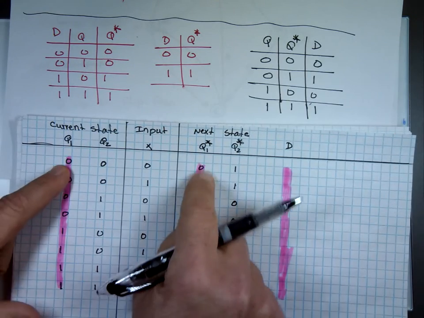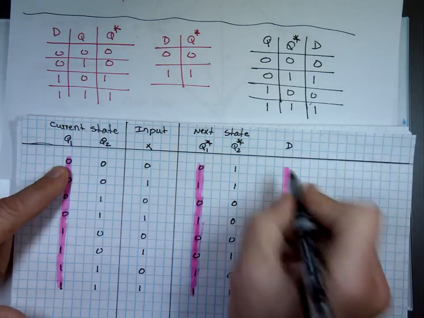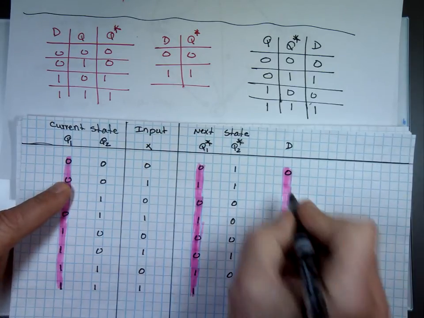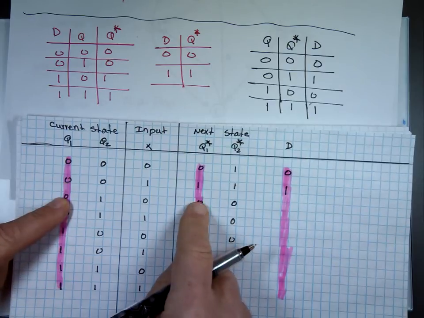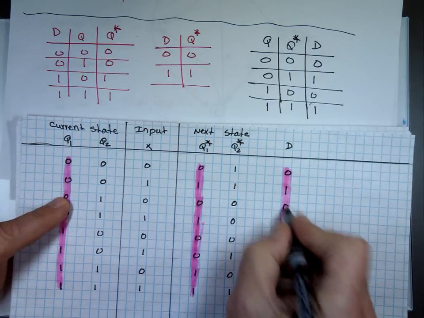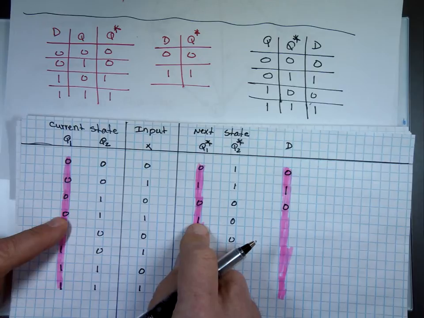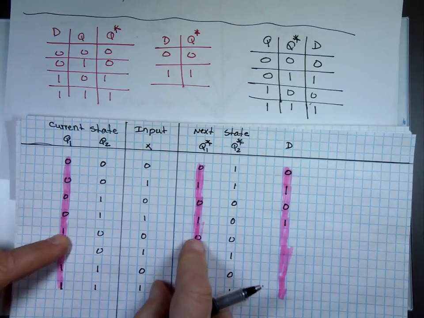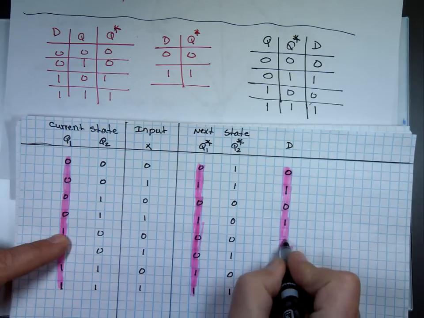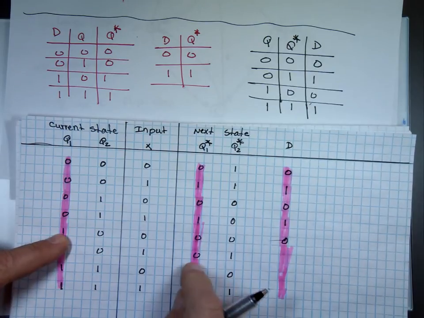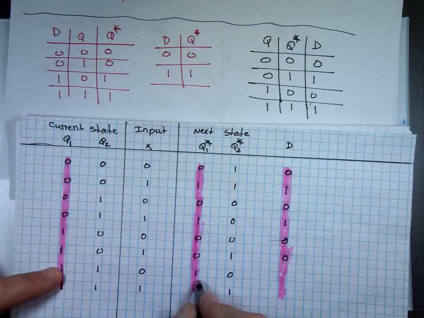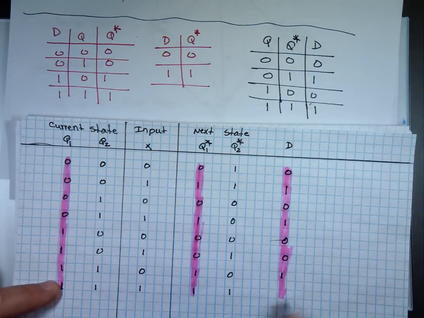0 to 0. According to this one, you want D to be what? 0. 0 to 1, you want D to be what? 1. 0 to 0, I want D to be 0. 0 to 1, I want D to be 1. 1 to 0, I want D to be 0. 1 to 0, D is 0. 1 to 1, D is 1. 1 to 1, D is 1.